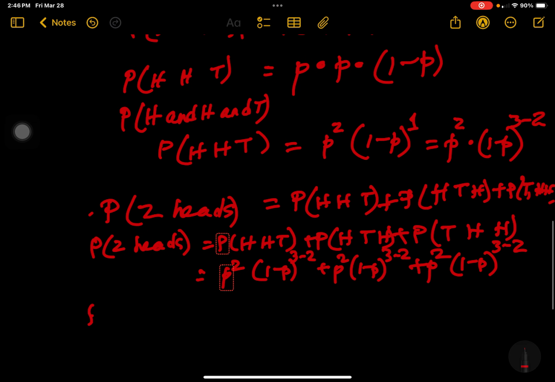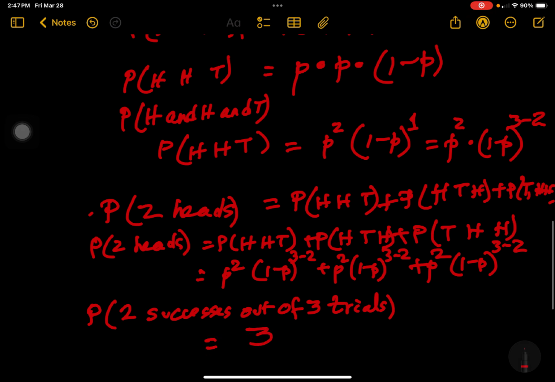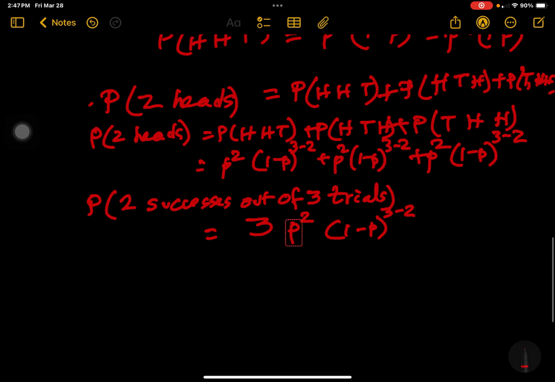So probability of 2 heads or 2 successes out of 3 tosses is equal to 3 times probability of success, exponent 2, multiplied by 1 minus probability, exponent 3 minus 2, which is 1.